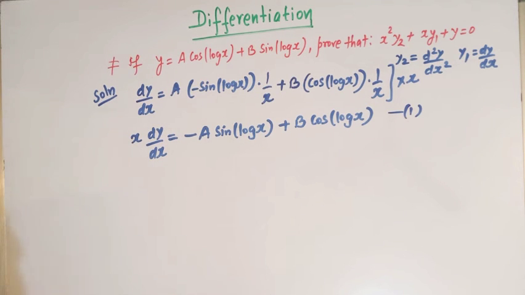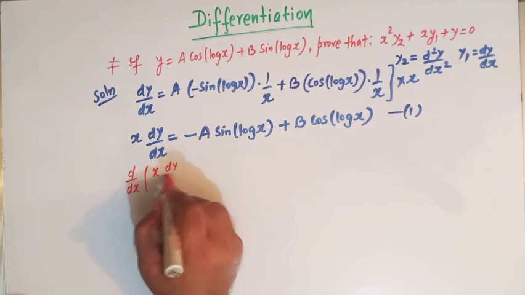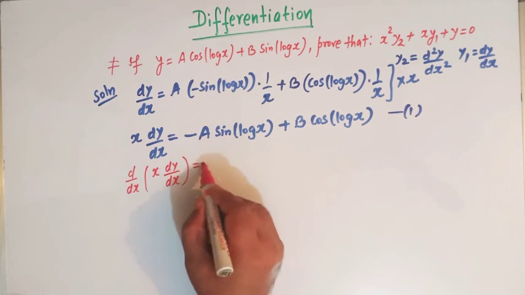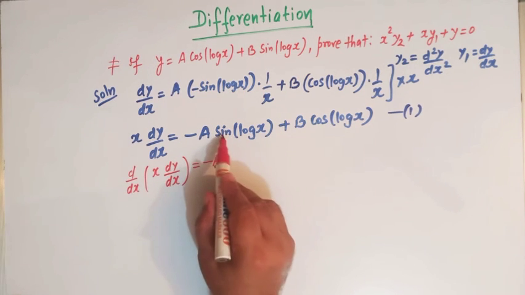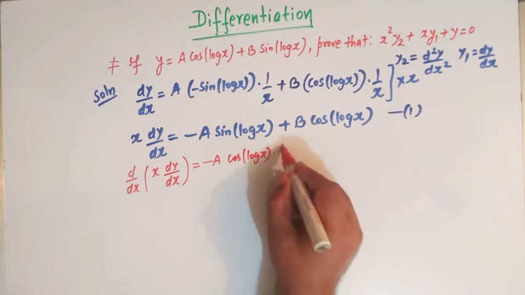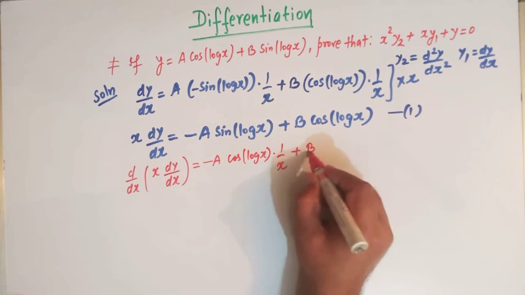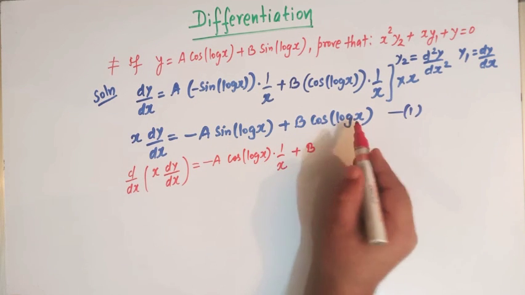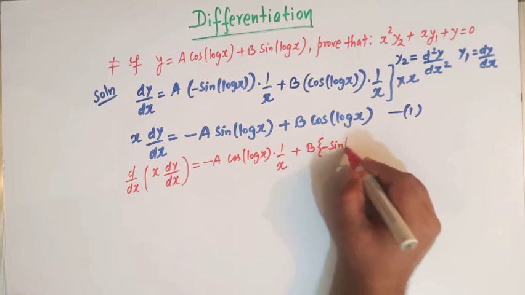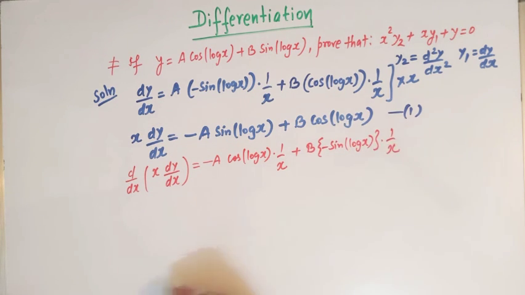So we can write d by dx of x dy over dx, because we are differentiating both sides with respect to x, and here we have minus a, and again the derivative of sine is cos log x, then we have 1 over x, because the derivative of log x is 1 over x, plus b times the derivative of cos log x is minus sine, because the derivative of cos is minus sine log x, and the derivative of log x is 1 over x, right?